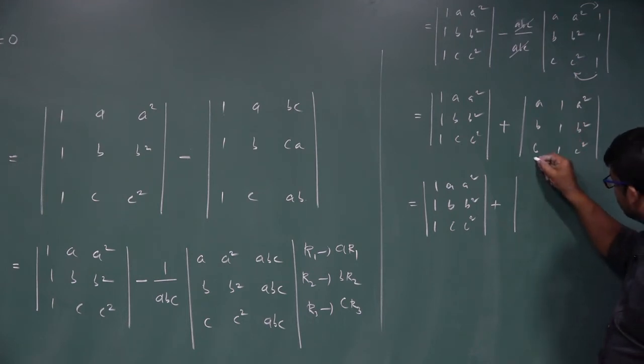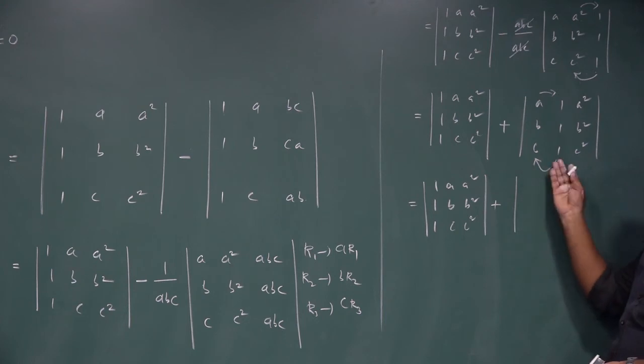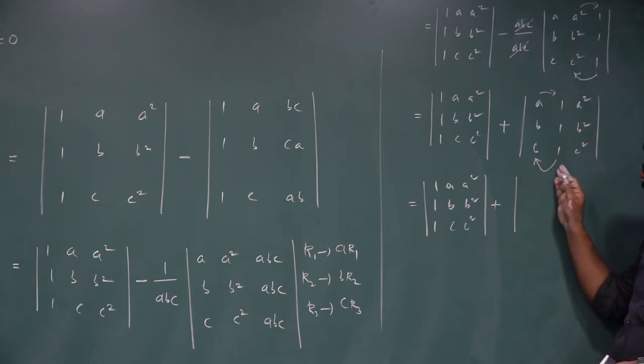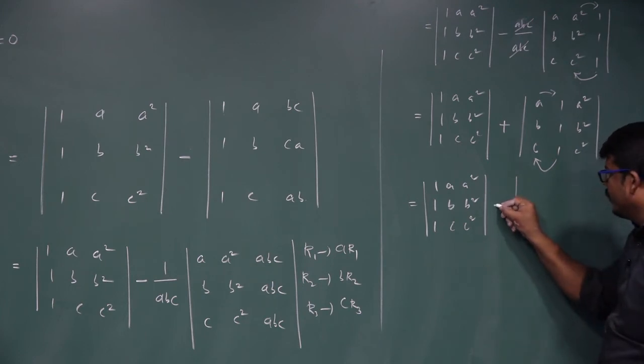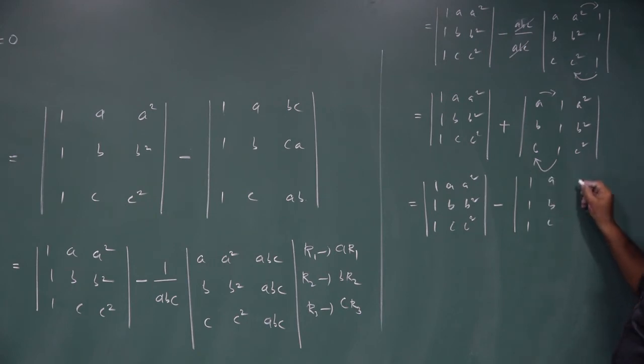Now replace column 1 and column 2, interchanging column 1 and column 2. When any two rows or columns are interchanged, only the sign changes. That is minus. Interchange the rows: 1, 1, 1, A, B, C, A square, B square, C square.